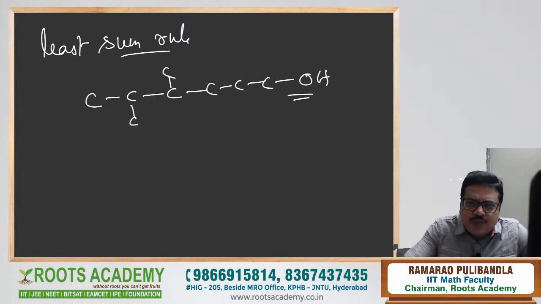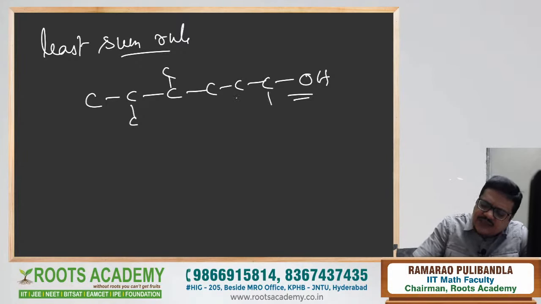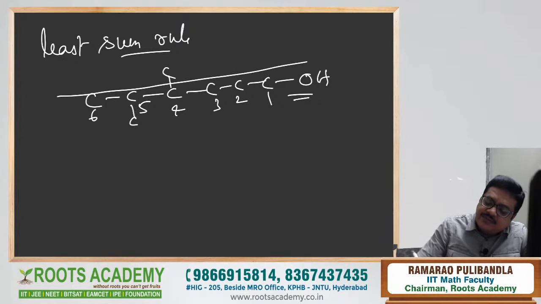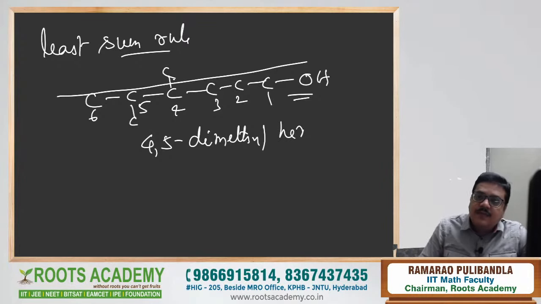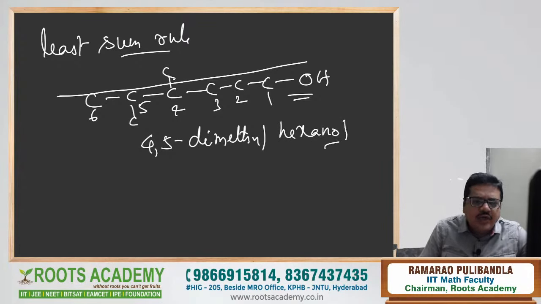Whenever the main functional group is present, numbering is given from this side only. This is the long chain. So 4, 5 dimethyl hexanol. OH is called ol.